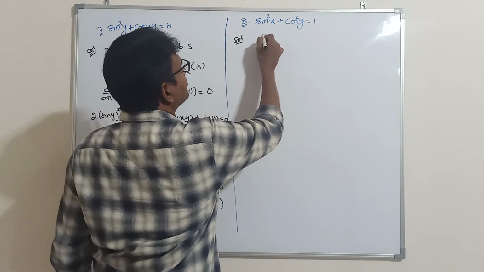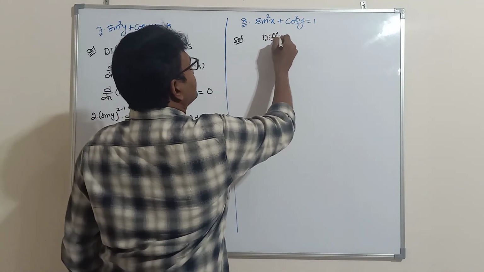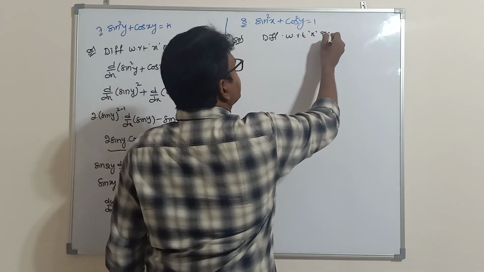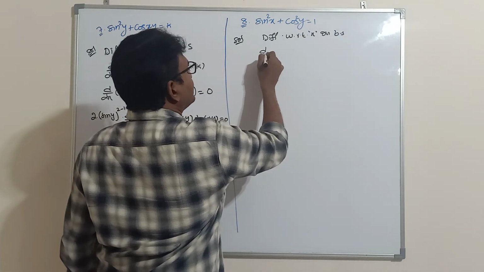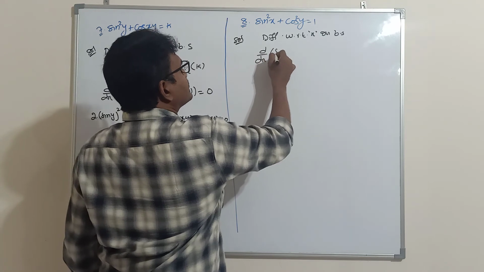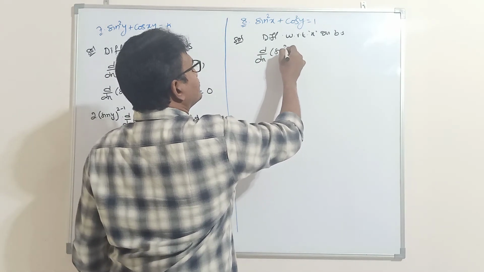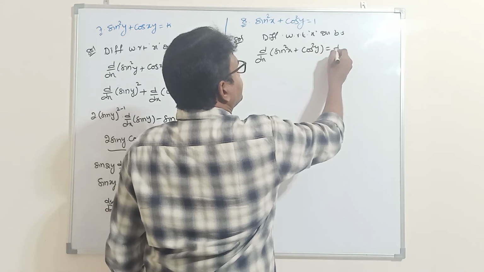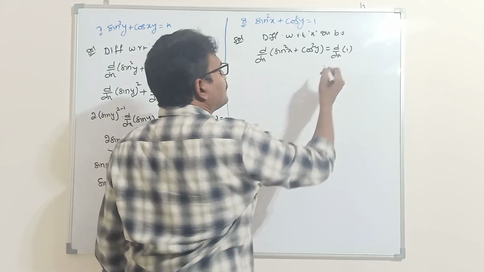Similarly, if you come to the eighth problem, same, differentiating with respect to x on both sides, then what will we get? d by dx of sine square x plus cos square y is equal to d by dx of 1.